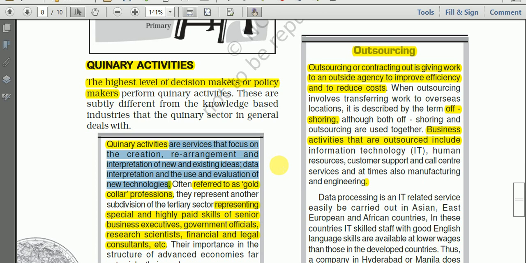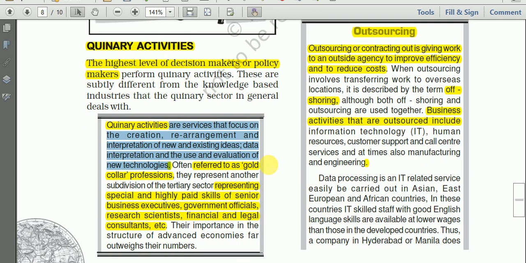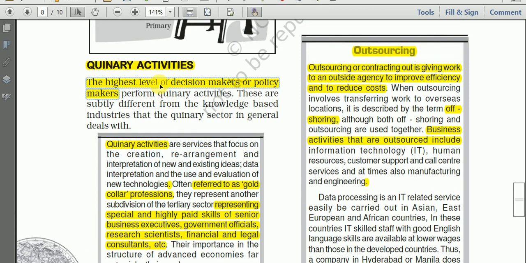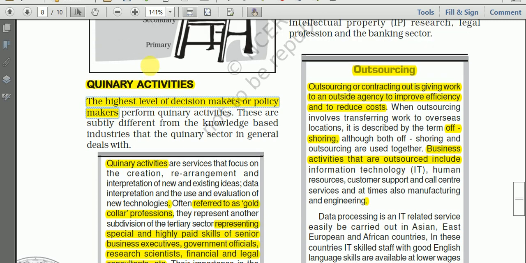Okay, and here we have some important features of quinary activities. Number one feature is that quinary activities refer to the highest level of decision makers or policy makers, as we have seen in this diagram.